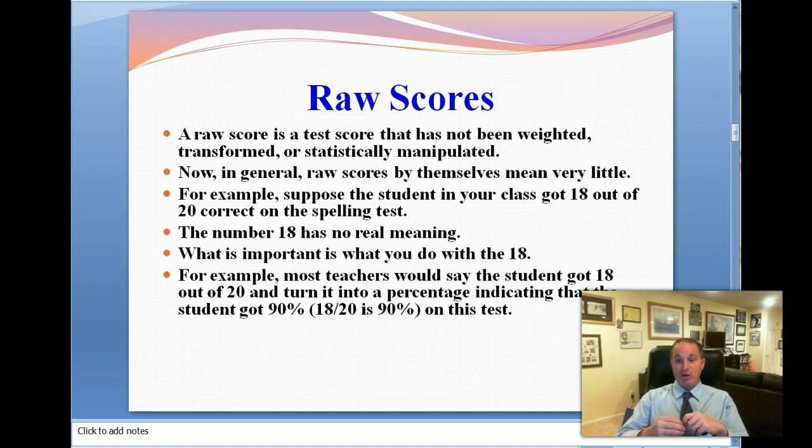We have to take raw scores and manipulate them and transform them into scores that will actually mean something, that will actually make sense. And that's what we're going to do next. Next, we're going to talk about converting raw scores into other types of scores that have actual meaning. And that will end part 1 of our scoring terminology lecture. You can go on to part 2 now.